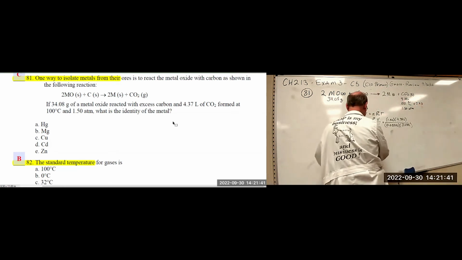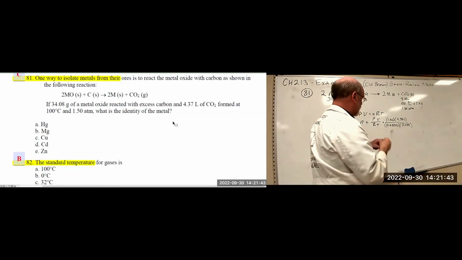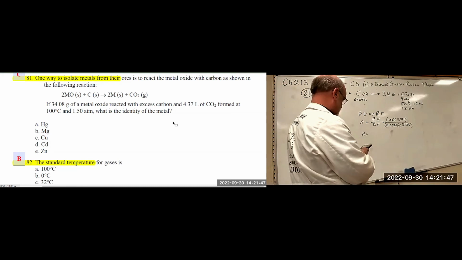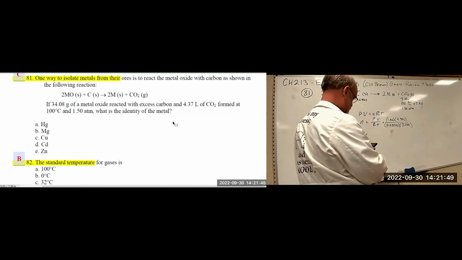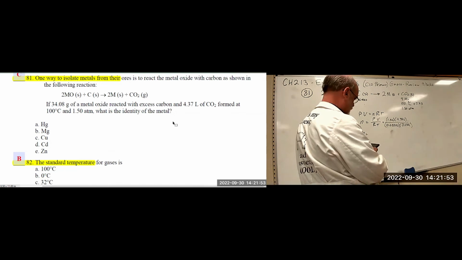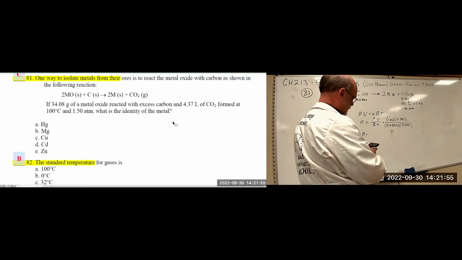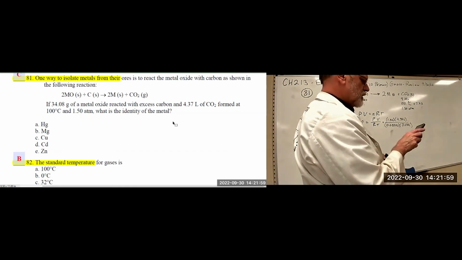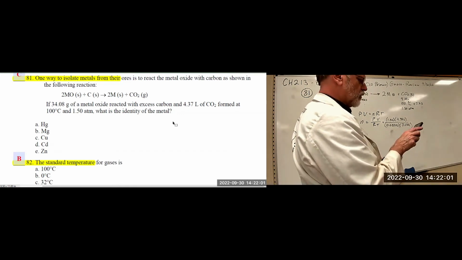Okay, so we can find the number of moles of CO2. Let's see how that helps us. 1.5, 4.37, 0.08206, and 373. 0.2142.